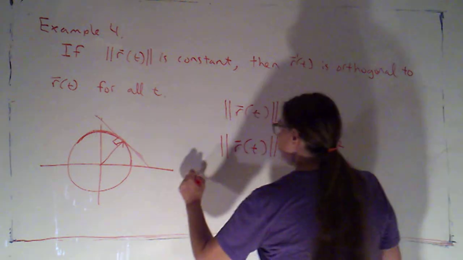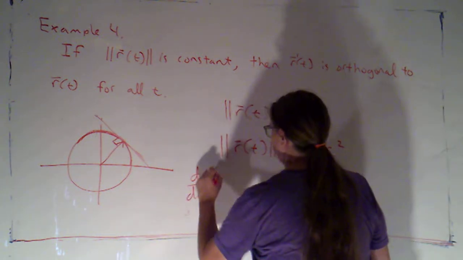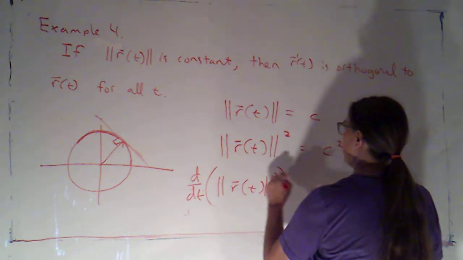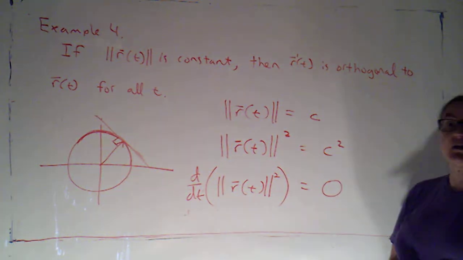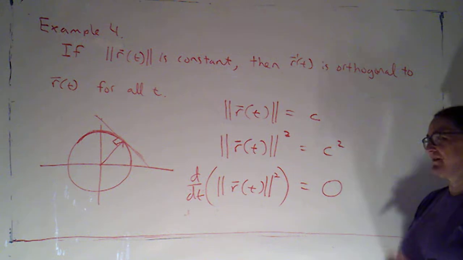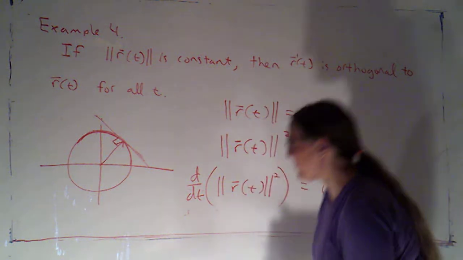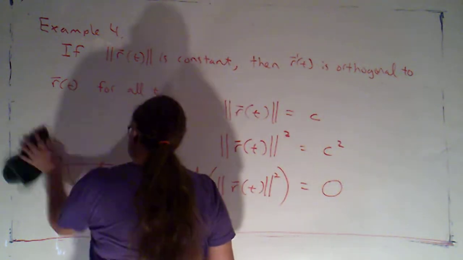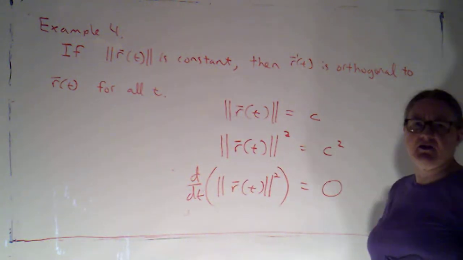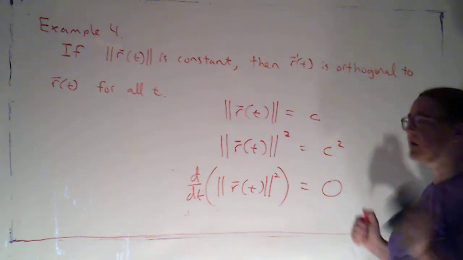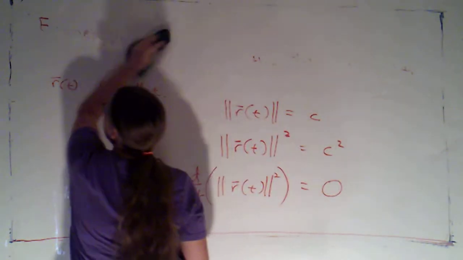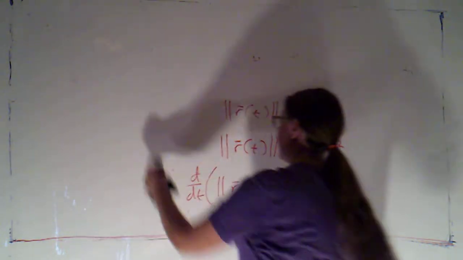But that would mean that the derivative of the magnitude squared would have to equal 0. Because anytime I've got a constant, when I take the derivative of a constant, I get 0. Okay. So that's sort of what we're supposing in this case. I'm doing just an informal explanation of this. I'm not writing this up as a formal proof because it wasn't actually stated as a theorem. It's given as an example for some strange reason.